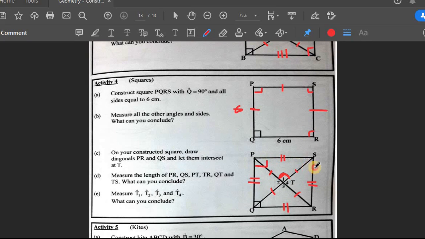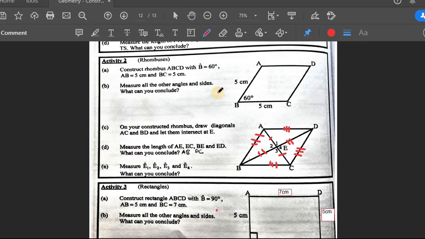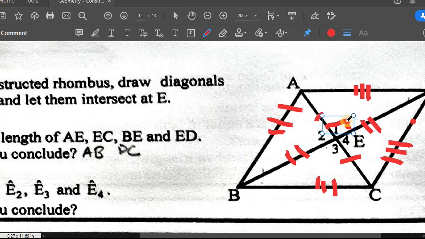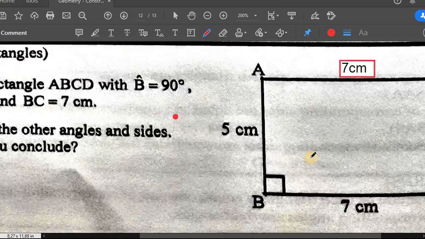We've got our right angles on all corners, and the diagonals are equal there. Also, your square and your rhombus have 90 degrees where the diagonals intersect. Let's just zoom in so you can see that.